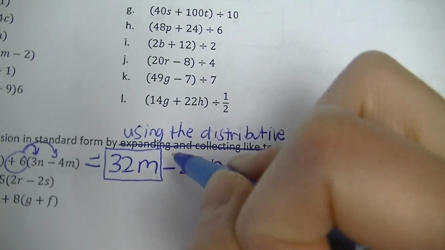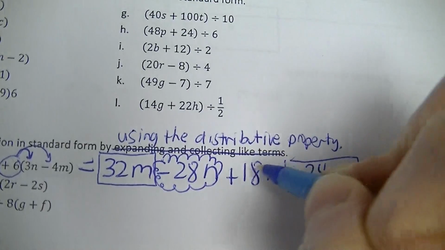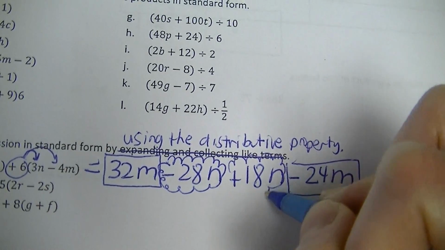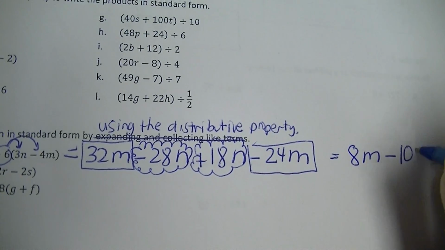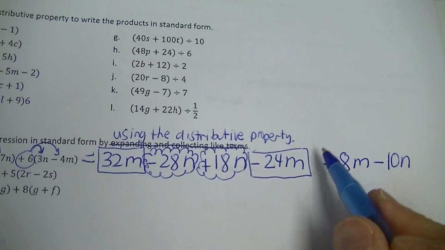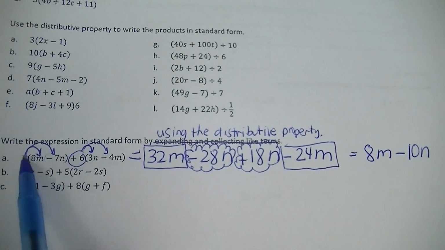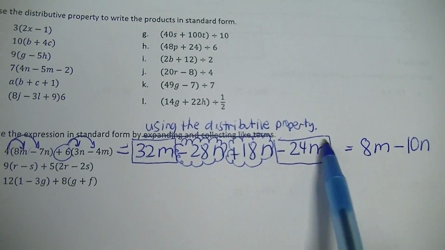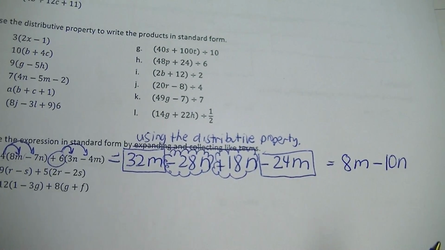And then I see I have these n's right here that are like terms. So negative 28n plus 18n would give me negative 10n. Okay, so that's my simplified expression right there. But you should know that this expression and this expression, they're all equivalent. This is just the most simplified form of it, okay?